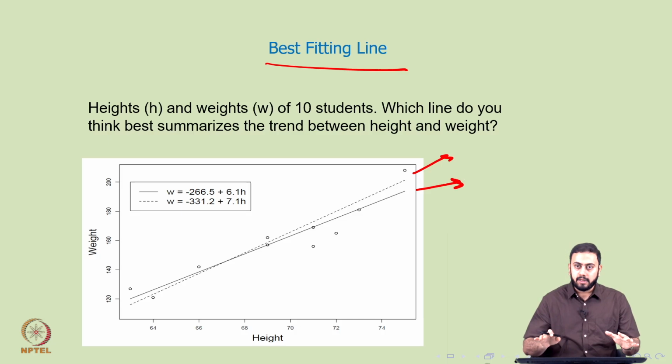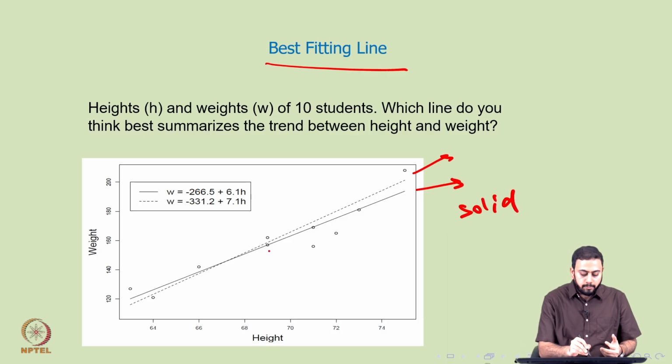Again you may pause the video for any duration you want and try to answer this simple question: is it the dashed line which seems to better represent the behavior, or is it the solid line? Okay. Now of course my opinion is that it should be the solid line. Your answer might be different also, but just to give you a simple reason, at least 3 points you see here are falling on the solid line. Okay.